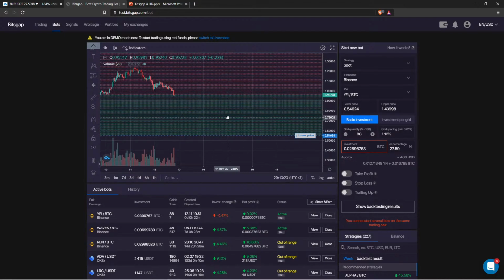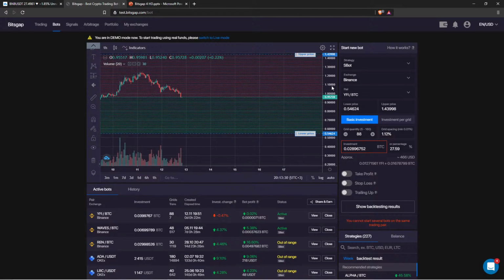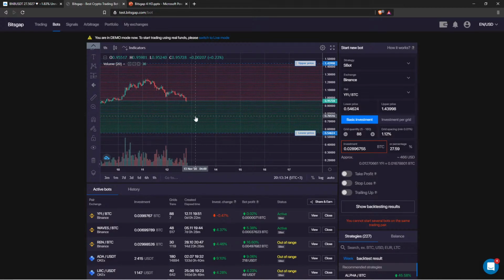So that's why your average entry price in this case is going to be somewhere in the middle here. All right. And this is known as the cost average effect. Then your entry price is going to be in the optimal area. I will show you exact examples next time, just for you to get the full idea of how automation at Bitsgap can minimize your loss in case the market starts falling.